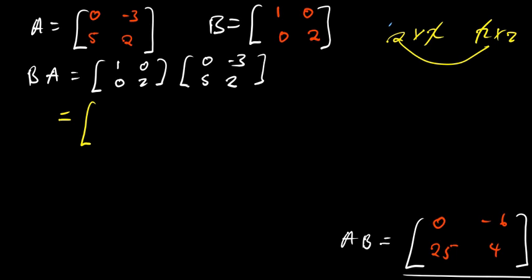So you say 1 times 0, so we can just do this. 1 times 0 is 0, plus 0 times 5 is 0, then 1 times negative 3 is negative 3, 0 times 2 is 0.